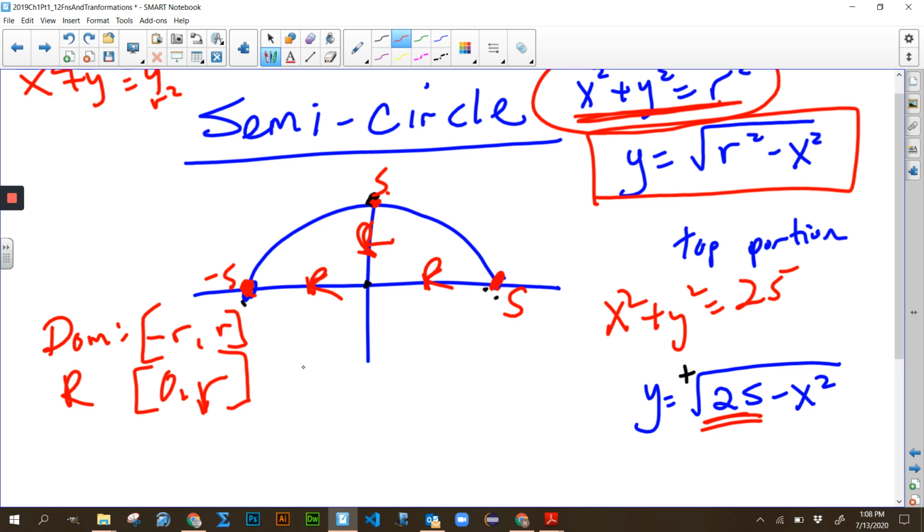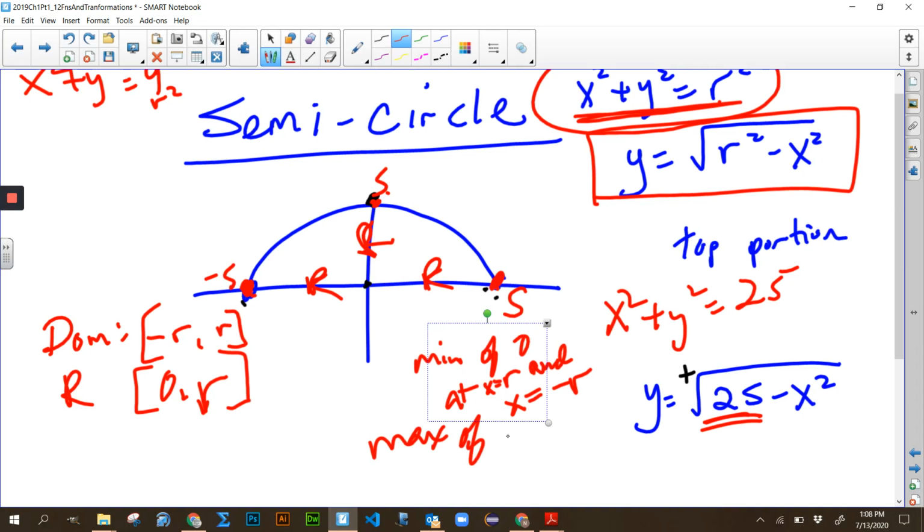It's continuous, it's bounded below, there's an extrema, so the minimum of 0 at x equals R and at x equals -R, and a maximum of R at x equals 0, right? So at x equals 0, it's a maximum point of 5, and at x equals 5, there's a minimum point of 0, and the same over here with negative.